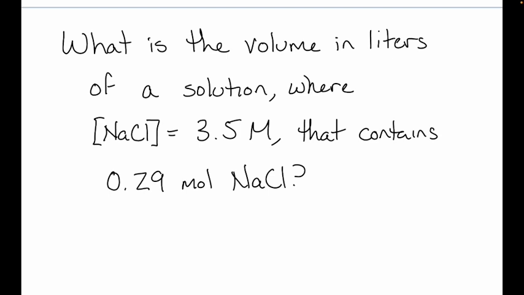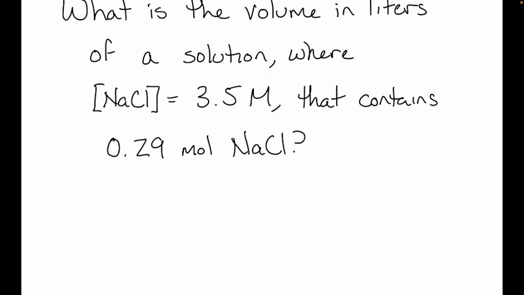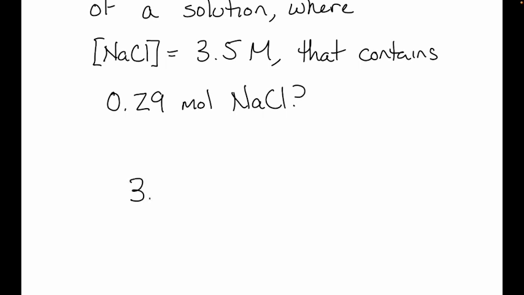So here's the trick with these concentration problems. I need to know how to take this piece of information, my concentration, and turn it into something that I can actually use in my math. 3.5 big M, that's not how it's going to look when we set up our math. How we use it in our math is to stack moles over liters.